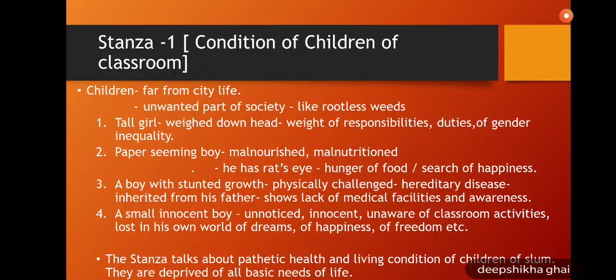Stanza number 1 speaks about the condition of children in the classroom. The poet here tries to show us the image of the classroom. He tries to show us the kind of children who are there in the classroom. These children are not as good as you people.